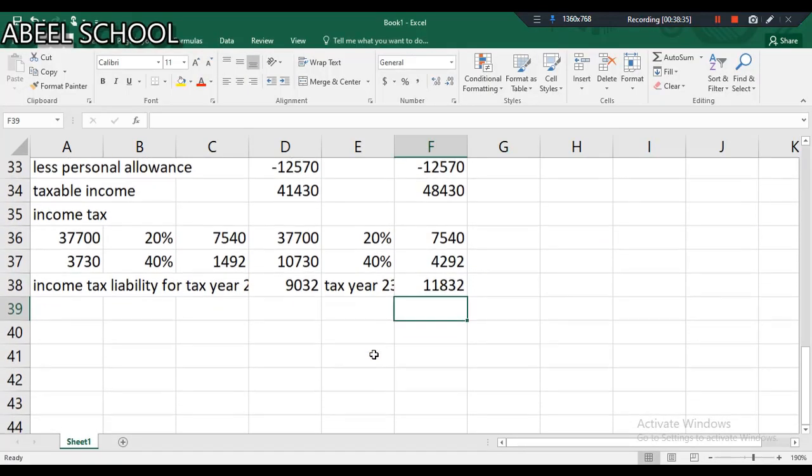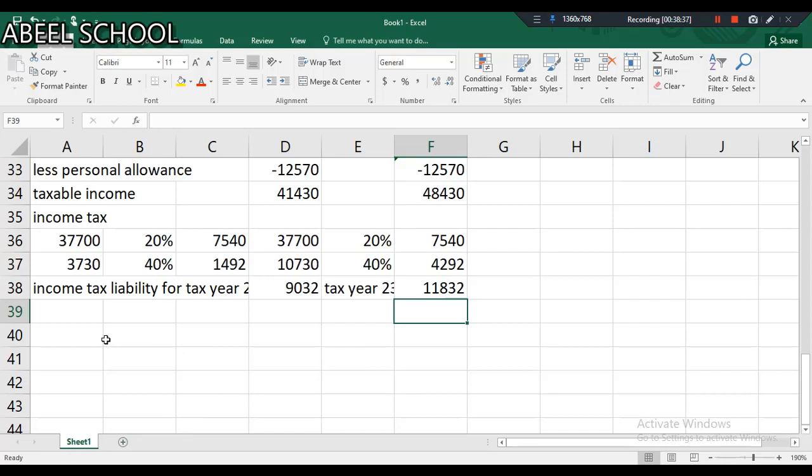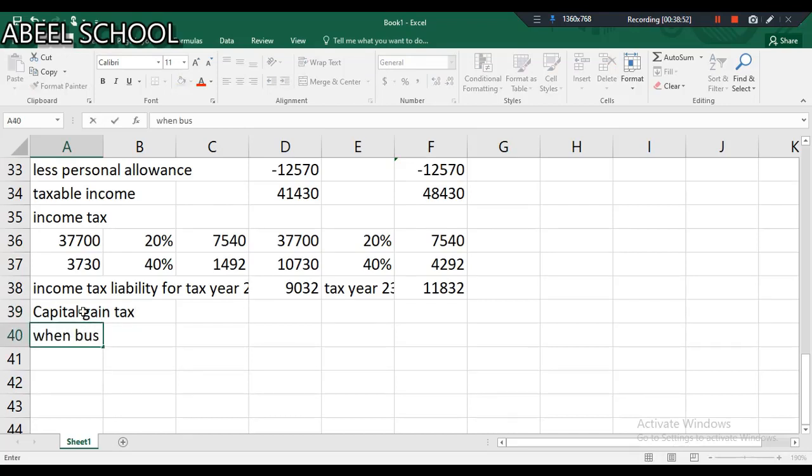So let's try to calculate capital gain tax. When business is ceased on 31st Jan 2023.